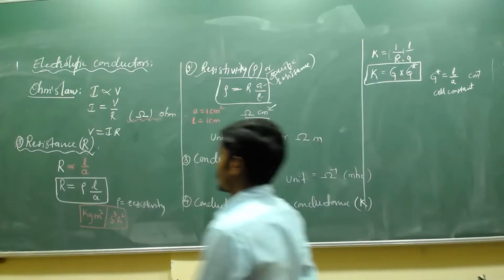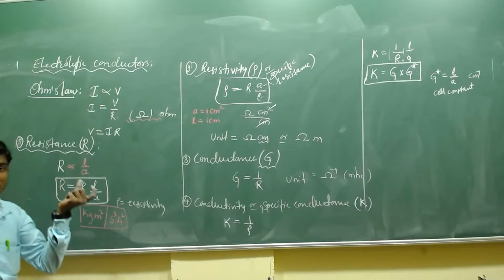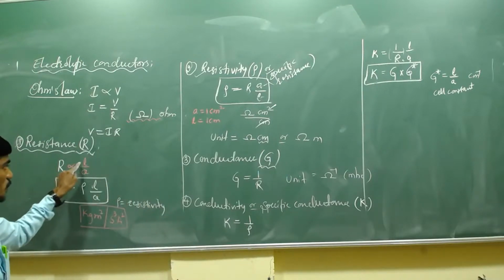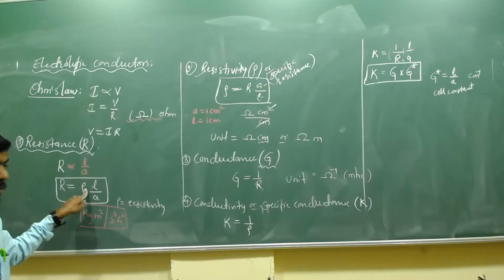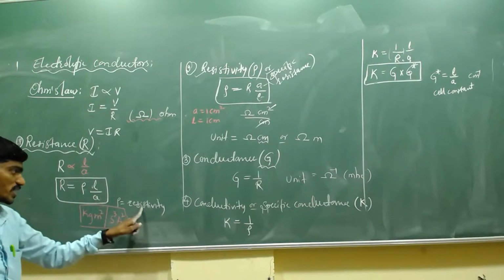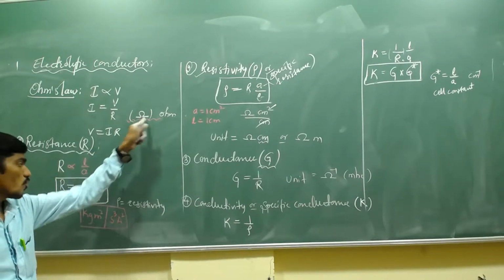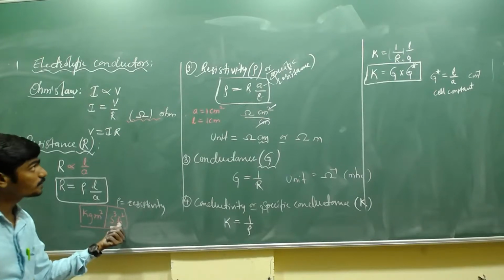Is it clear? So first, resistance. Resistance is nothing but opposition to the flow of current. It is directly proportional to length and inversely proportional to area of cross section, where rho is the proportionality constant known as resistivity. Resistance is expressed in ohms. Its SI unit is kg meter square per second cube ampere square.